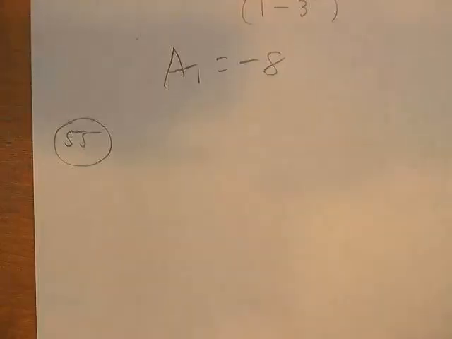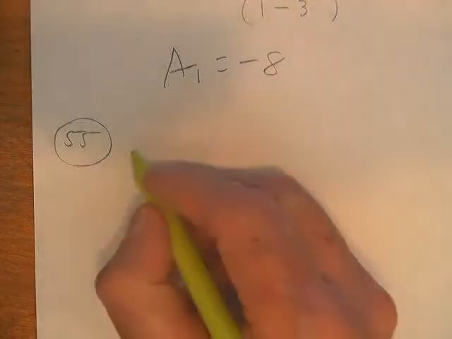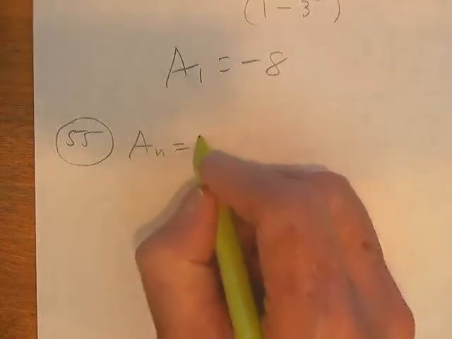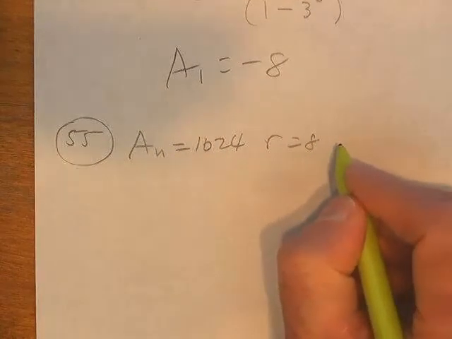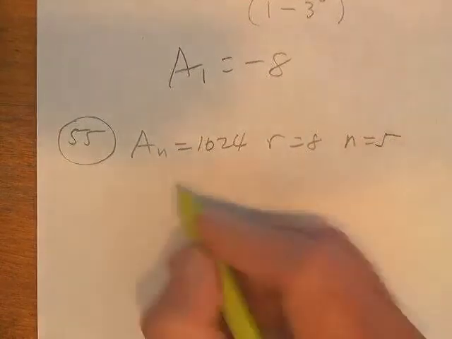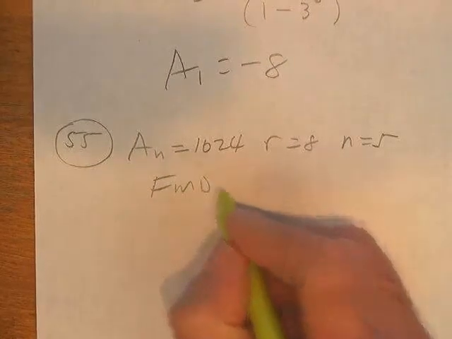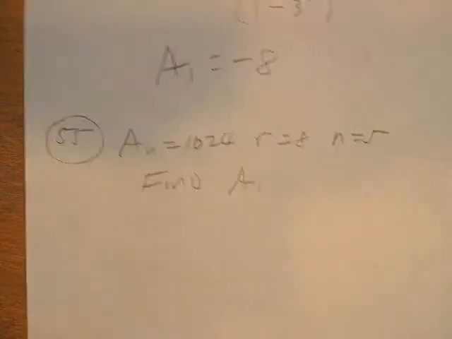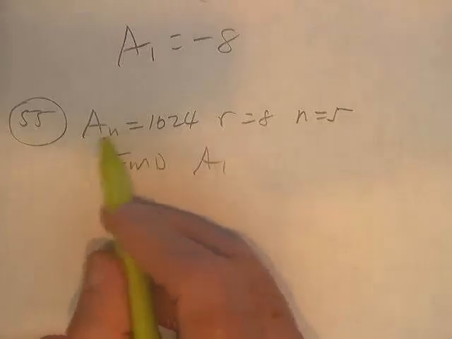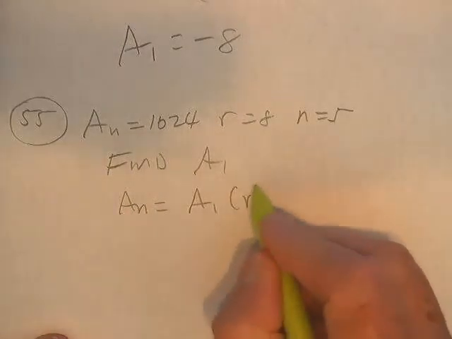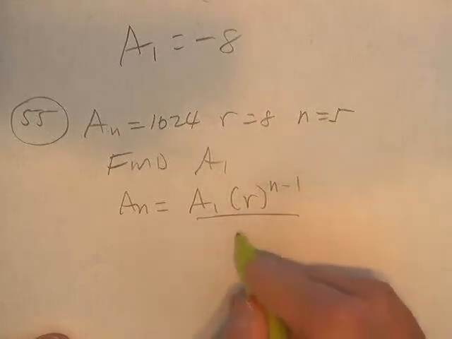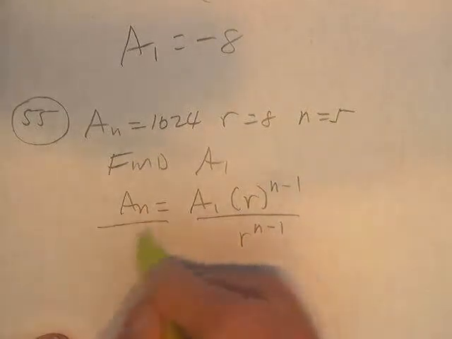I'm trying to stay under 15 minutes right here. AN is 1024, R is 8, N is 5. Find A1. Well, since you don't have an SN, we want to use this formula. So all you have to do is divide by that.